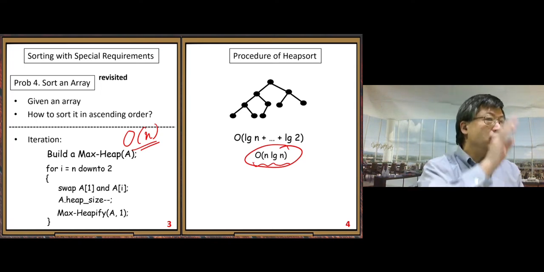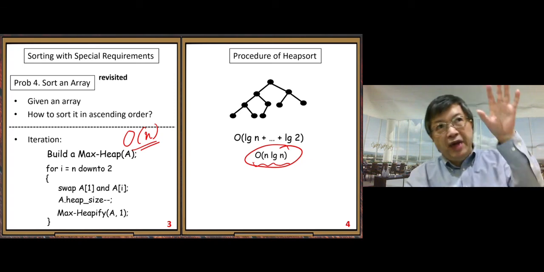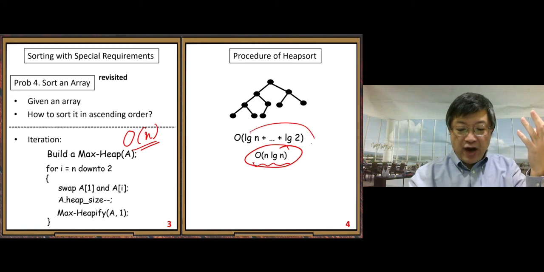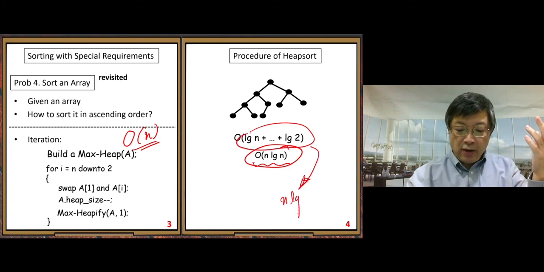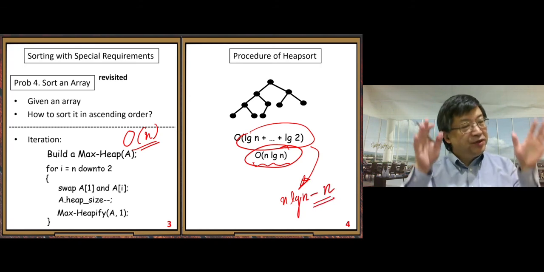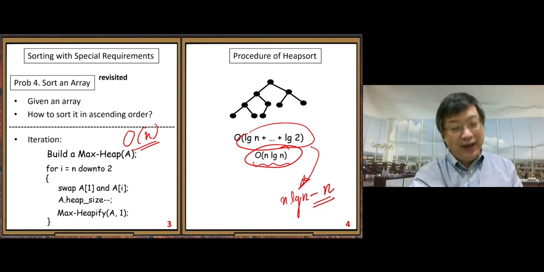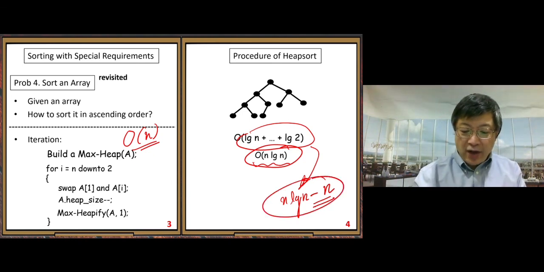To be more precise, if you do that very rigorous estimate, finally we will get n log n minus n. We can improve to just that minus n. That's the improvement we can get. But the dominant term is still n log n.